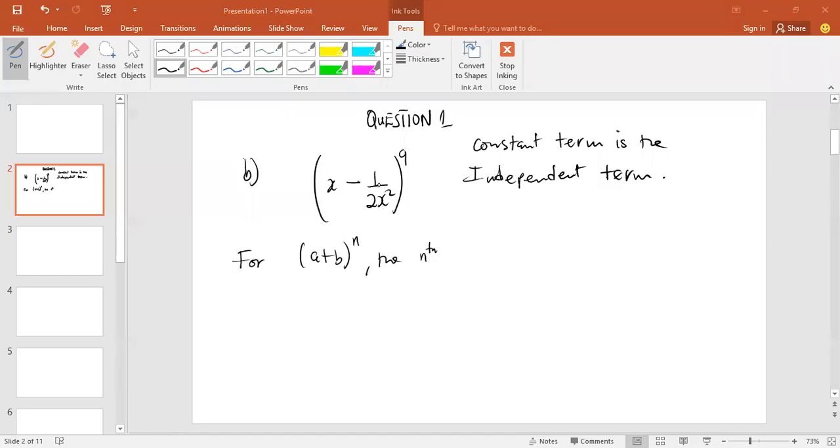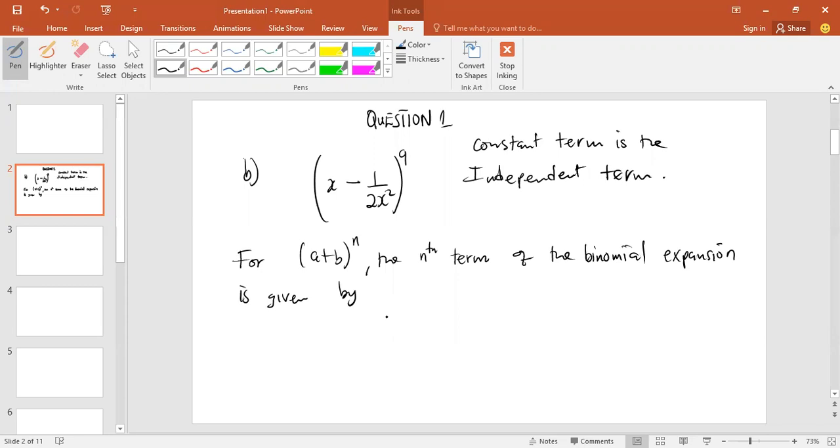So we want the constant term, or the independent term. So we are saying for (a + b)^n, the nth term of the binomial expansion is given by, we are talking about the nth term.